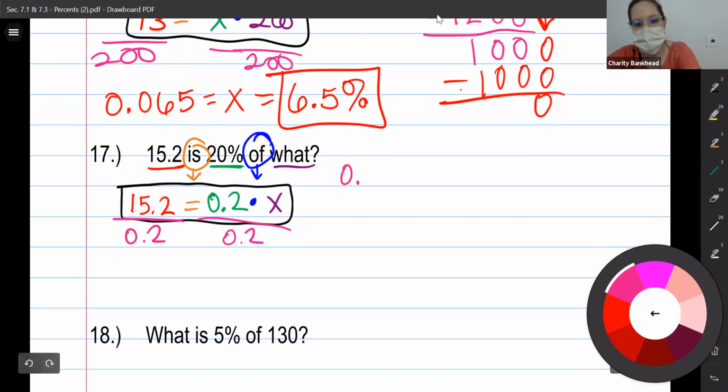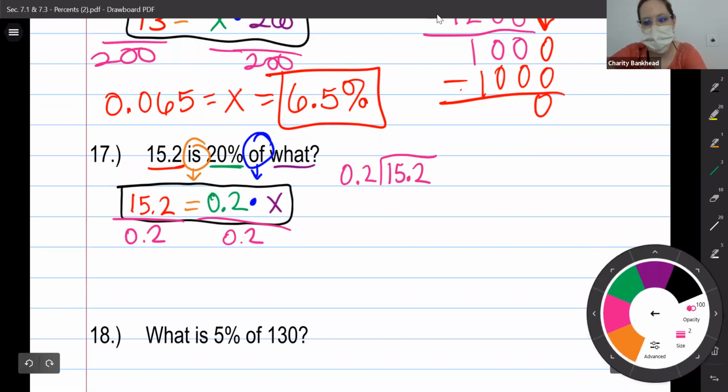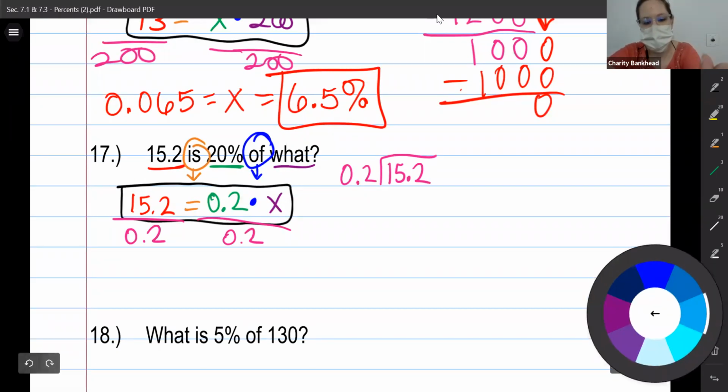So it's 0.2 going into 15.2. So when we're dividing, the number that we're dividing by, which is the divisor, which in this case is 0.2, has to look like a whole number. So we're going to move the decimal point to the right until that would be a whole number. So that means we have to move it 1 time to the right. And then that means we also have to move the other decimal point 1 time to the right.